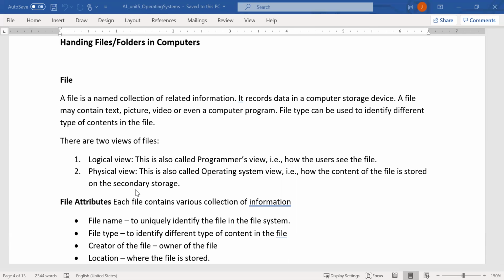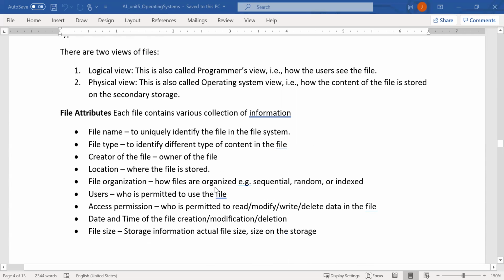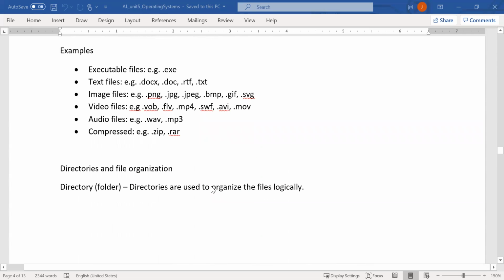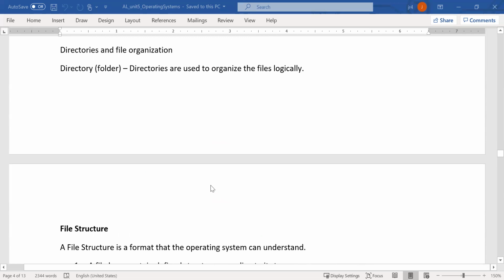We started looking at what a file is. And then the different views, different file attributes, different file types, and then organization, right?